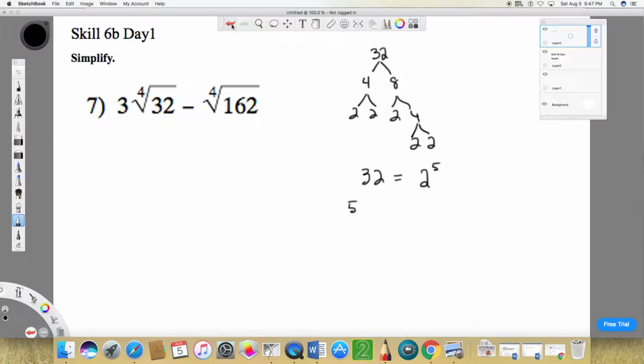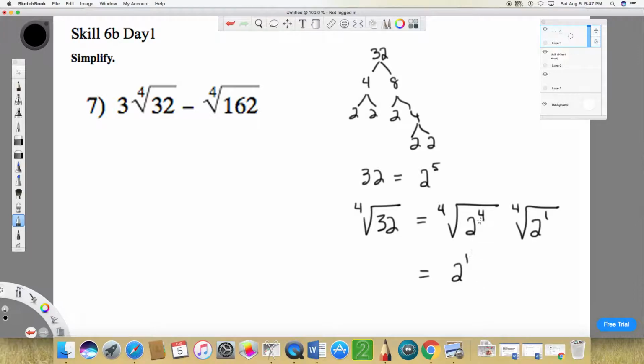And so that 5 is more than 4, so we're definitely going to get one grouping out of it. Oops, why did I change it to the 5th root? The 4th root of 32 is the 4th root of 2 to the 5th power, but I'm going to break that apart. I'm going to have a group of 4, and then I'm going to have one left over. So I know with this group of 4, since it's a 4th root, that I just have a 2 come out. 4 divided by 4 is 1.